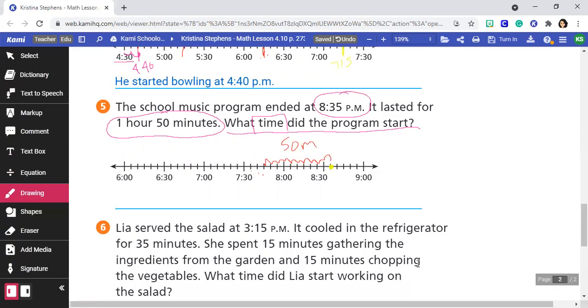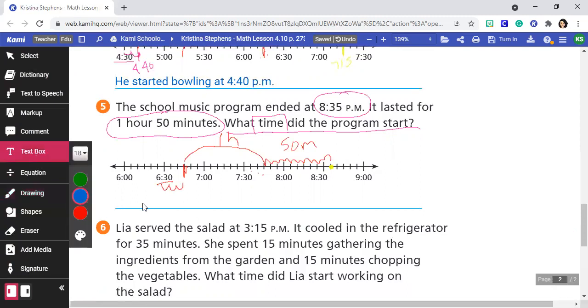So I'm going to use my number line and jump all the way back here. Another hour. And because that's 3 ticks in, and I'm using 6:30 as a starting point to know 6:30, 6:35, 6:40, and that's 6:45. What time did the program start?